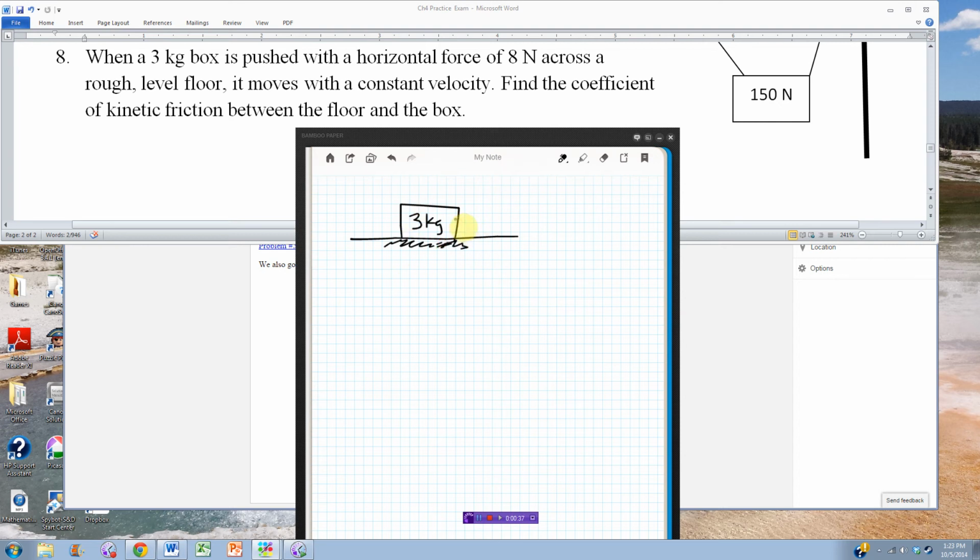It's going to get pushed with a horizontal force of 8 newtons, at constant velocity. And we want to know what mu k is.